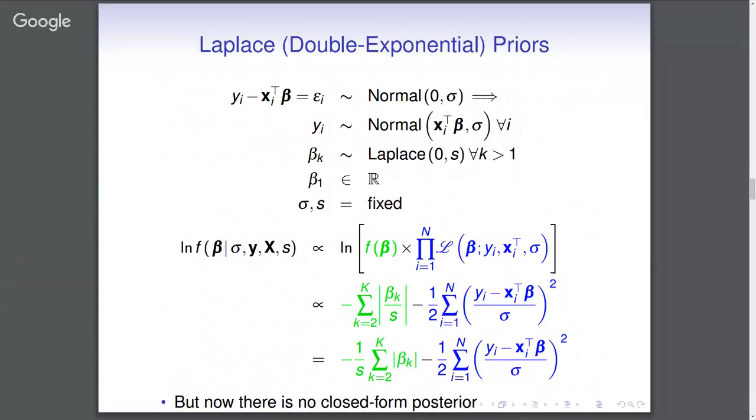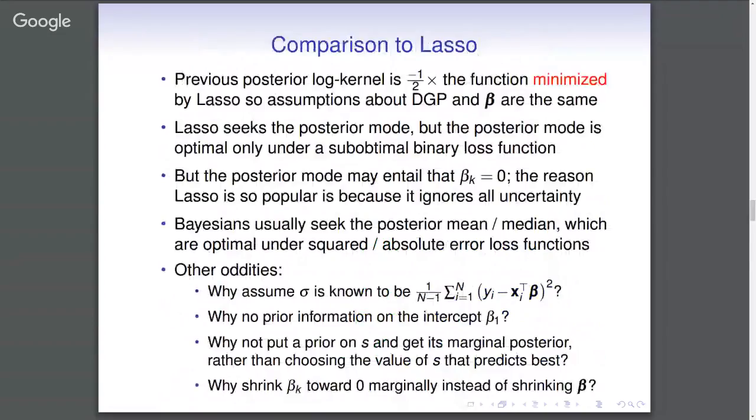They're going to choose that by trying this over and over again, to see what value of S results in the best predictions in the testing set. But you could just put a prior on it and then estimate its posterior distribution along with everything else. It's not as if the value of S that the lasso engineer lands on is the truth or anything like that. It's just the value that predicts best out of sample.